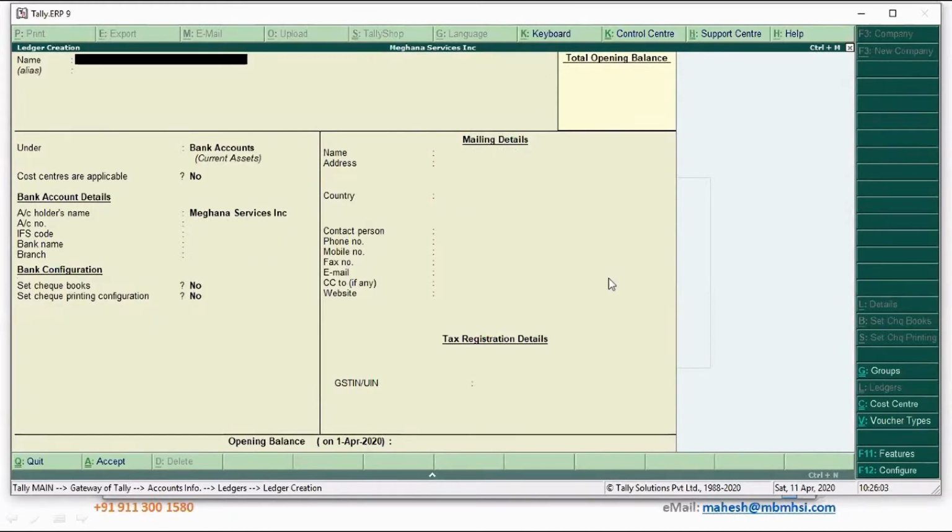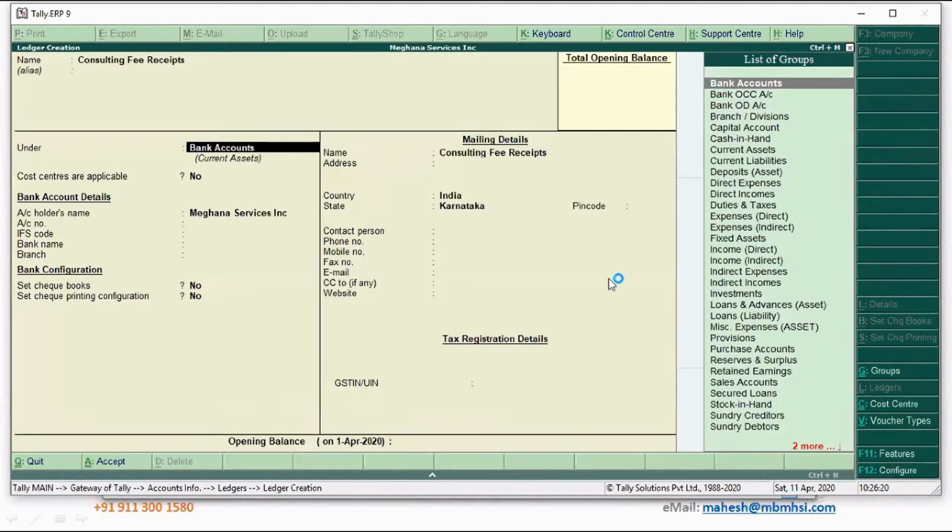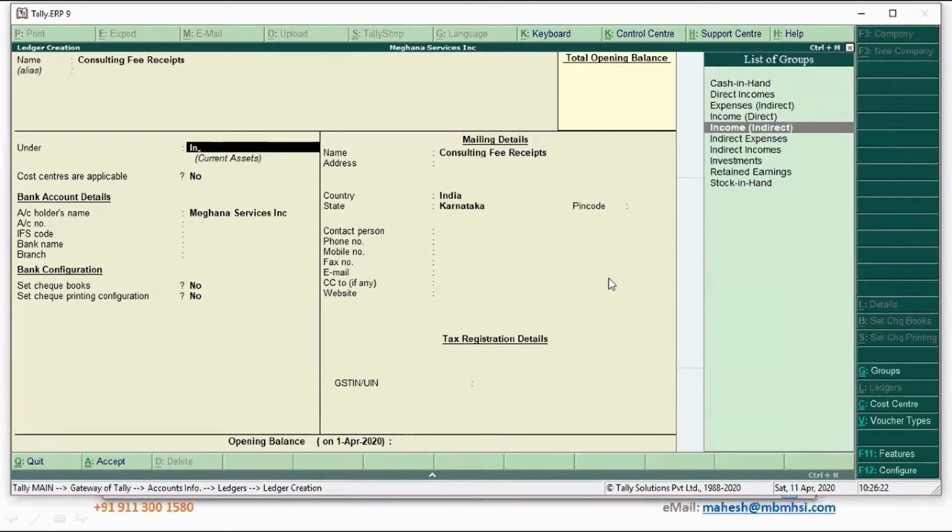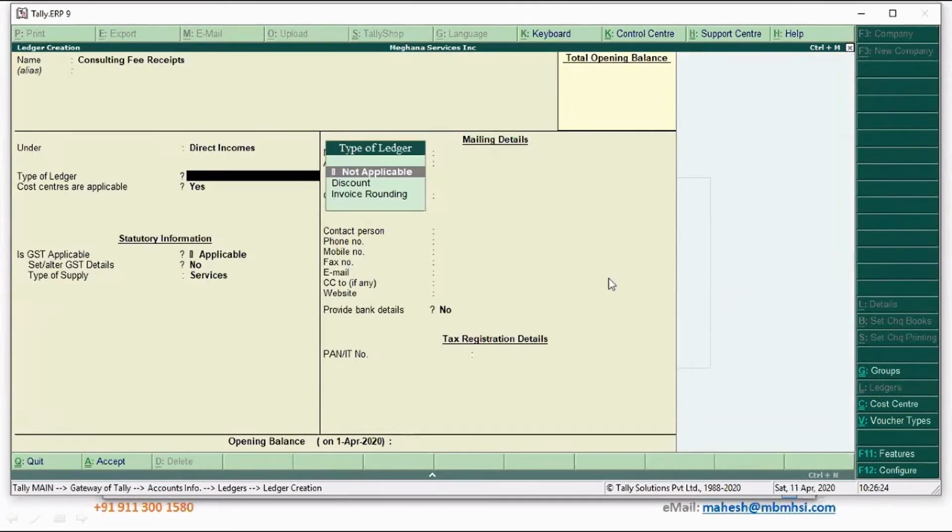Then I have a few expenses, for example consultancy. And a few incomes. Let me create consultancy fee receipts. Typically it comes under direct income. Cost centers are applicable, GST is applicable.